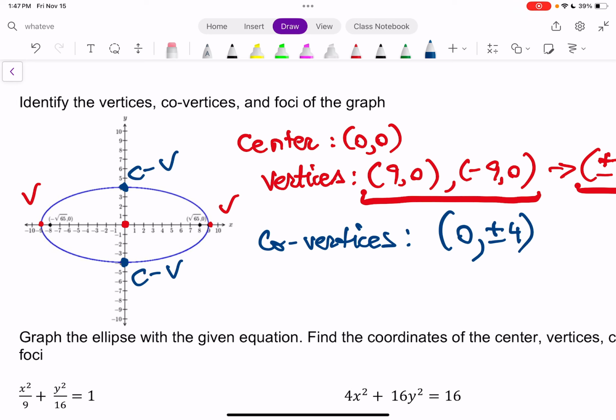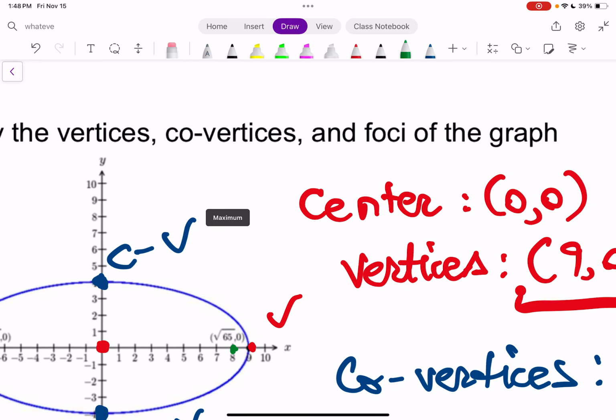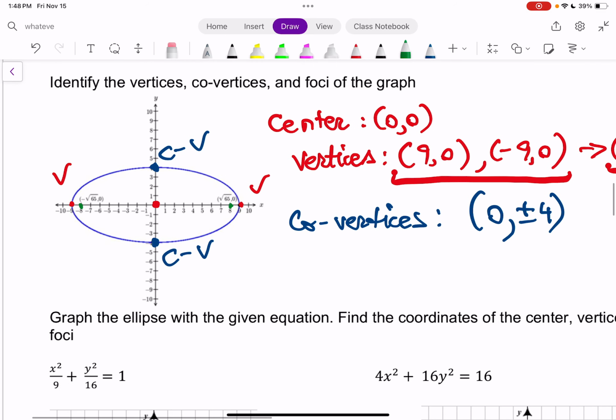Be very careful and mindful whether or not your points are on the x-axis or on the y-axis, right? Then it depends on who's going to be 0. And finally, I see the foci bubbled in here, and I see their points are labeled. I see the foci have coordinates plus and minus the square root of 65 and 0.